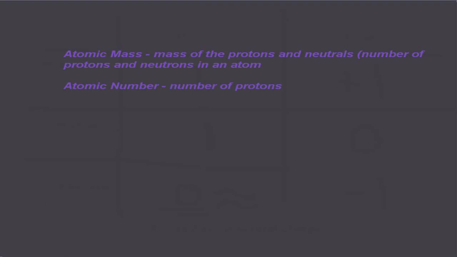Now, you can also calculate the atomic mass when you're given the number of electrons, because if you're given the number of neutrons but not the protons, but you're given the electrons, you know that the number of protons is equal to the number of electrons, so you can work it out like that.